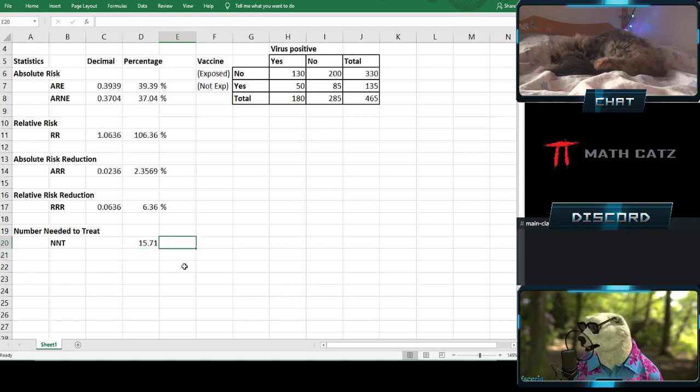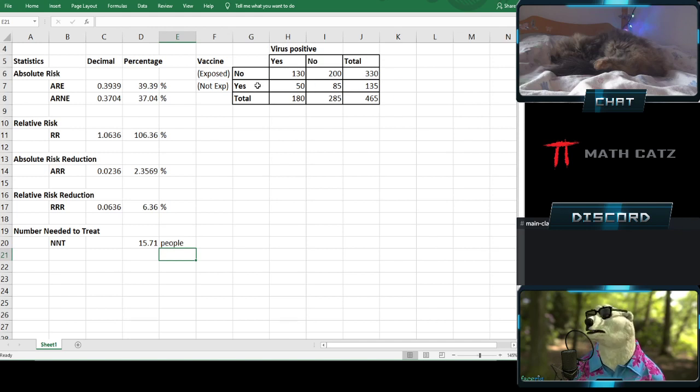Okay, so remember the unit here is people. So 15.71 people I need to take randomly from the exposed group, those that haven't taken the vaccine, in order to statistically catch one person that will test positive.